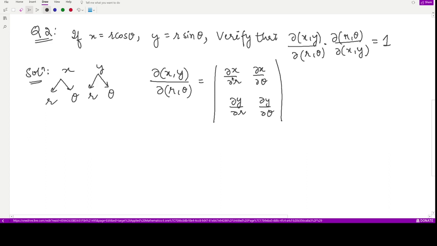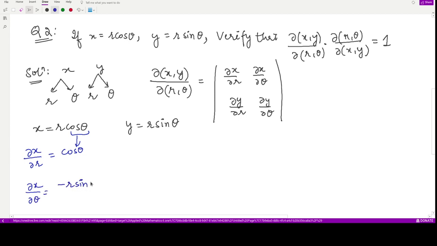Now in order to calculate these terms, you know x is given to be r cos theta and y is given to be r sin theta. So you will first calculate del x by del r, so that would be equal to cos theta, because theta here is constant, so it will come as such, and the derivative of r is equal to 1, and then del x by del theta, so that would be equal to minus r sin theta, and then the derivative of y with respect to r, so that would be sin theta, and the derivative of y with respect to theta, so that would be r cos theta.